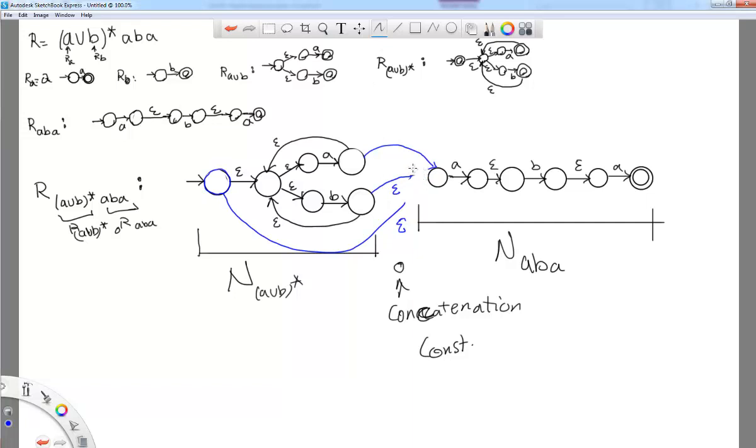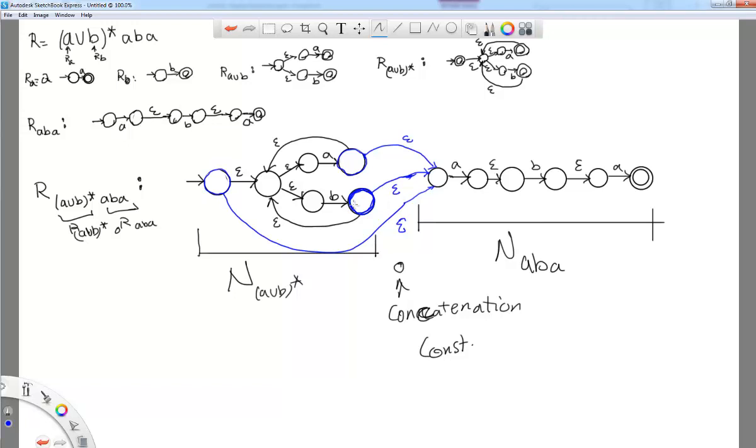Just to be a little bit cleaner in my drawings, so there wouldn't be any confusion. These are now my new non-accept states for the first machine, right? So this is now the overall machine that is built to recognize the language described by the regular expression R equals (A ∪ B)*ABA.